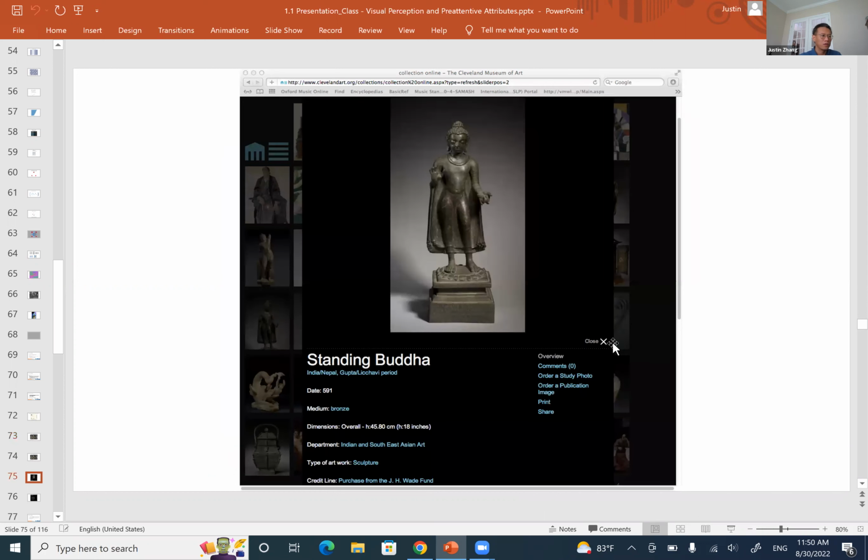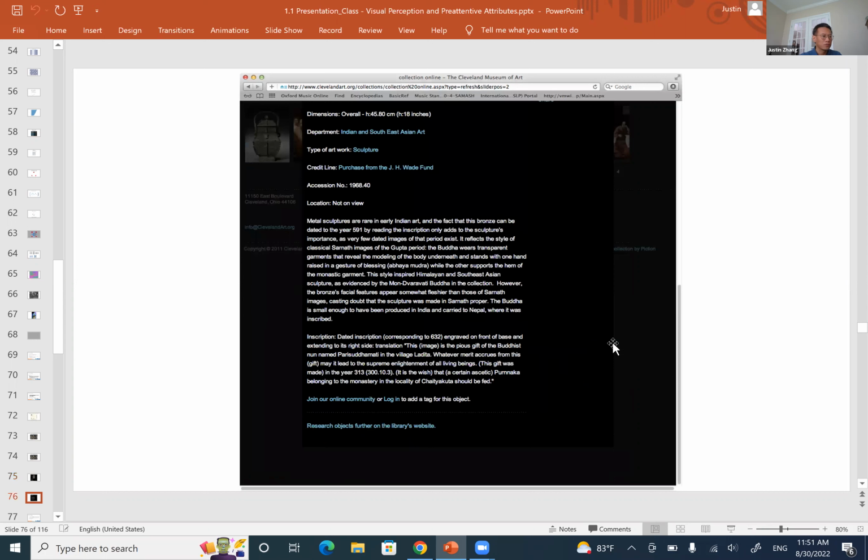And you can also bring up the details of the individual pieces, such as the date, the medium, and the dimensions of the artwork. And we can also drill down into all the details. So this is certainly another way to present data, present information. It can also be considered a special type of data visualization.